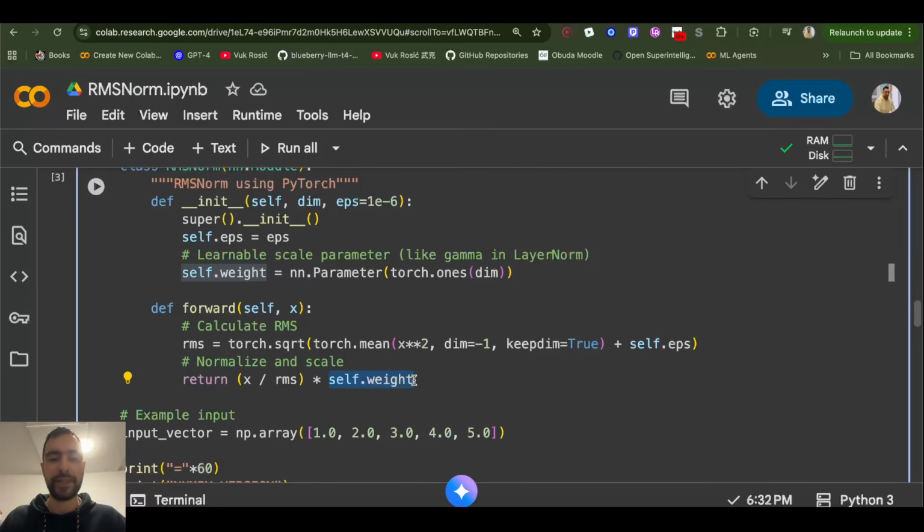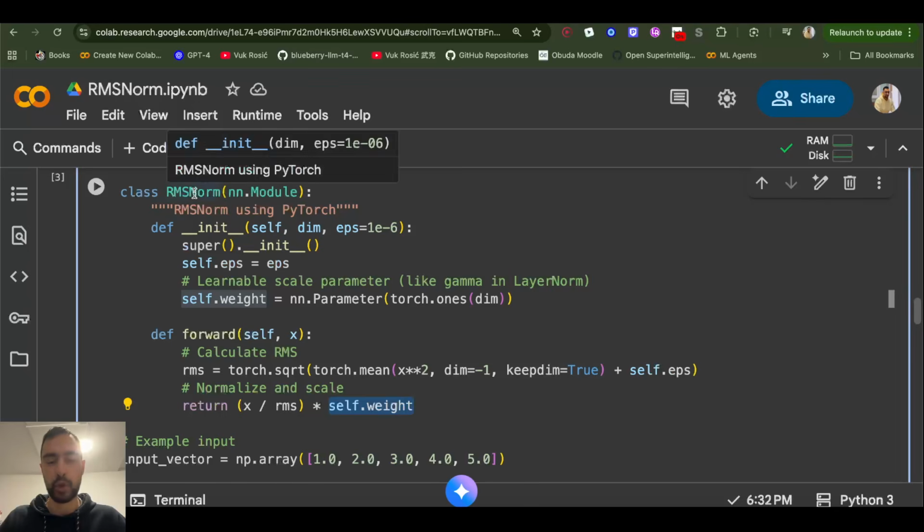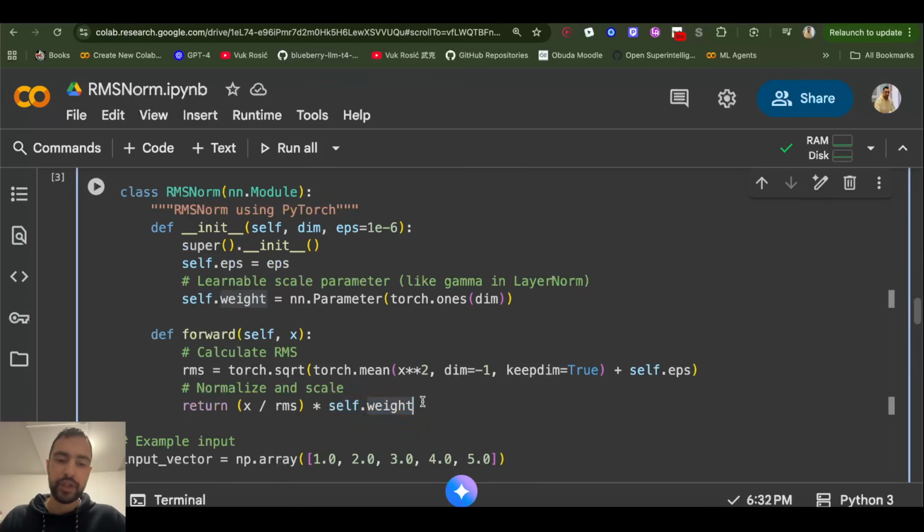Every vector that passes through this RMS norm will be multiplied with the exact same weights. The purpose of these weights will be to change the output of the RMS norm a little bit, or even a lot, if necessary, for the neural network to learn.